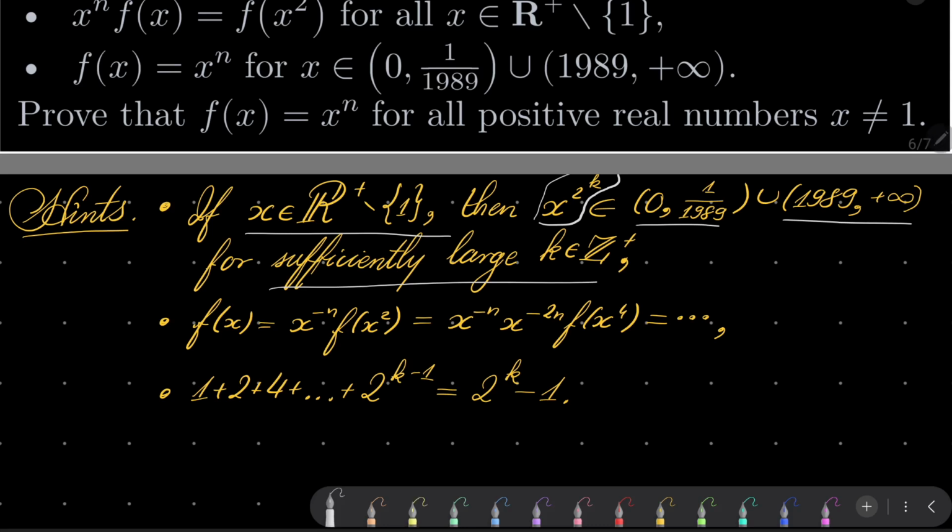So f of x equals x to the power minus n f of x squared, but f of x squared can be replaced by the same condition to this, and so on and so on. And also, remember that the sum of powers of 2, 1 plus 2 plus 4 and so on, plus 2 to the power k minus 1, is the next power of 2, but minus 1. So give this problem a try, and I will see you in just a minute.